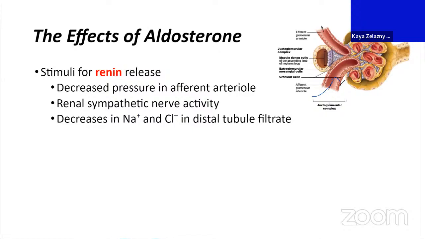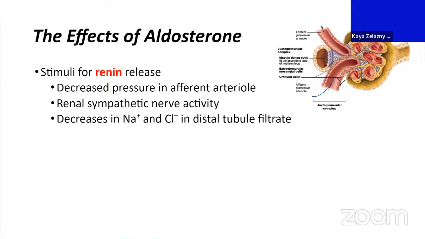Another thing we might notice is renal sympathetic nerve activity. So we're thinking about how this relates to our baroreceptor reflex, right? Which was when we talked about resistance in the vasculature. Our baroreceptor reflex was what's helping us adjust that tension and really that resistance in our blood vessels.